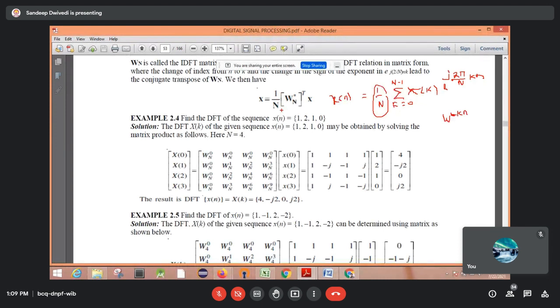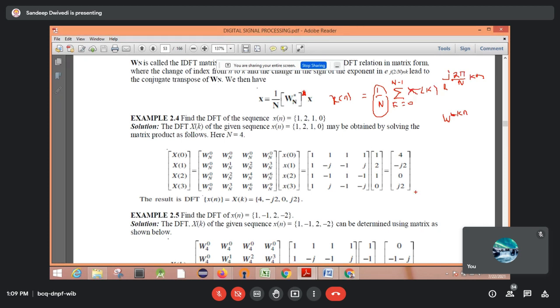Then whatever twiddle factor matrix is there, you need to take the complex conjugate, and the transpose is not there actually. Only complex conjugate you need to take. Complex conjugate means wherever j is there in the matrix, you have to change its sign, that will give you the complex conjugate of that matrix. Wherever a complex number is there, like here it is minus in the original, so make it plus. So you will get the W star matrix, this star matrix, that is a complex conjugate.